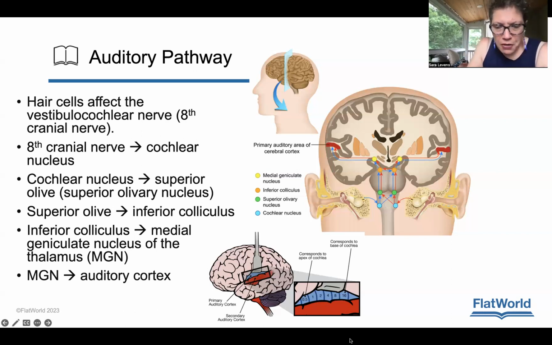This also follows a map, in the sense that this corresponds to the apex of the cochlea, and this corresponds to the base of the cochlea. So even along here, you continue to have this tonotopic map of the auditory cortex that organizes all the information by frequency and maps onto the actual receptor organ, excuse me, the cochlea.